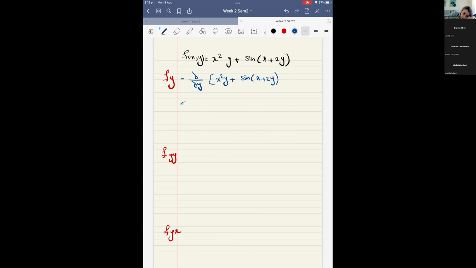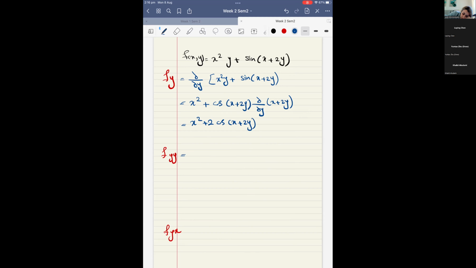Okay, derivative would be x squared plus cosine of x plus 2y times partial y of x plus 2y. Again, x is constant so that is 0 and the number before the y is 2, so it is equal to x squared plus 2 cosine of x plus 2y.